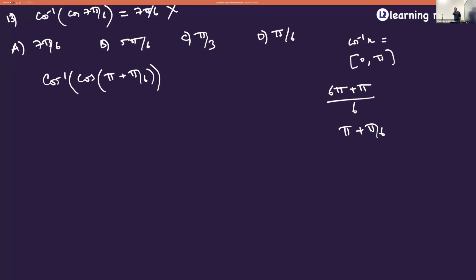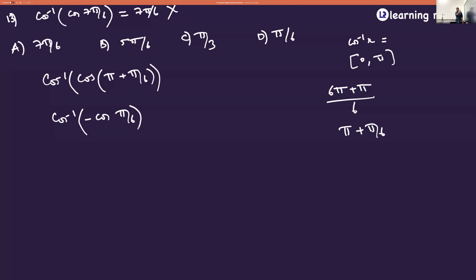But what is cos of pi plus theta? Pi plus theta falls in which quadrant? Pi minus is second quadrant. Pi plus is third quadrant. Third quadrant cos is positive or negative? Negative. So what will you get? Cos inverse of minus cos pi by 6. Right.